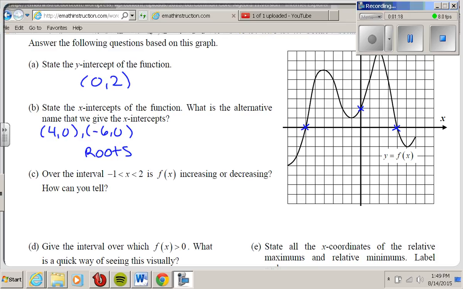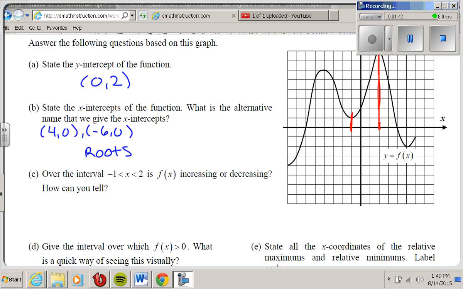So over the interval from negative 1 to 2 on the x-axis, I want to know, is my function increasing or decreasing? And how can I tell? Just like when we read a book, we read left to right. When we're reading functions, we read left to right. So if I'm looking at negative 1 to 2 on this interval right here, is my function increasing or decreasing?